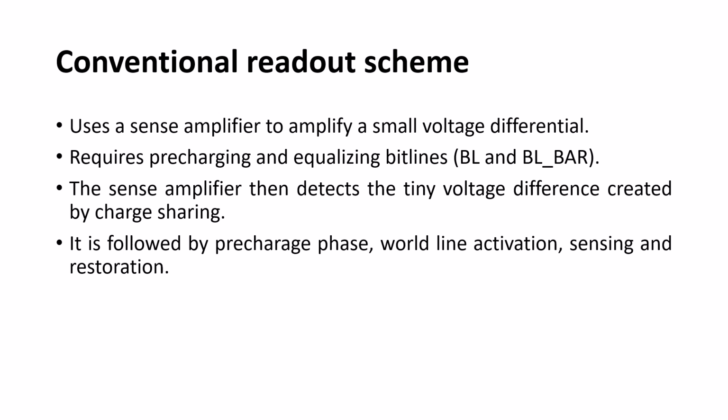If this is greater, then it will be pulled to VDD. If it is less, then it will be pulled to the ground. So in the case of storing logic 1, it is slightly greater than VDD by 2 plus delta V. So it is greater than the reference bitline voltage, such that it will be pulled to VDD, and this voltage is again fed back to the bitline capacitance while the access transistor is still turned on.